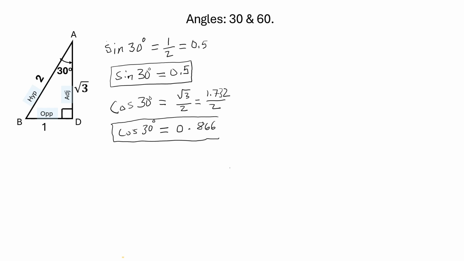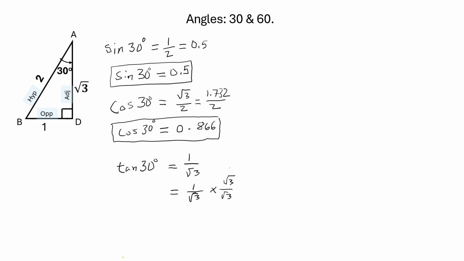Then we go to tan. Looking for tan 30 degrees, it is opposite over adjacent. Opposite is 1 and adjacent is root of 3. So we have 1 over root of 3, which is irrational, and so we need to rationalize this. We do so by multiplying by root of 3 over root of 3.